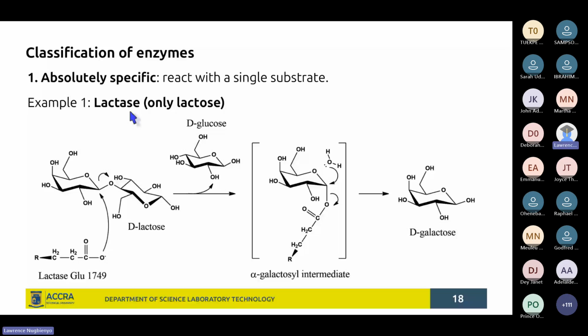But it is because you have this enzyme lactase acting only on lactose that it's possible to name it lactase. And so it is absolutely specific. It acts only on one substrate, lactose.